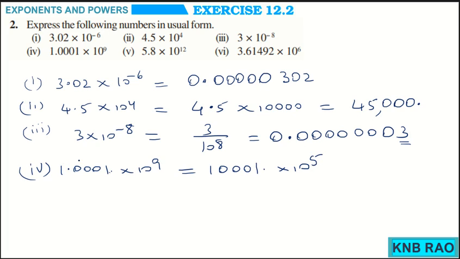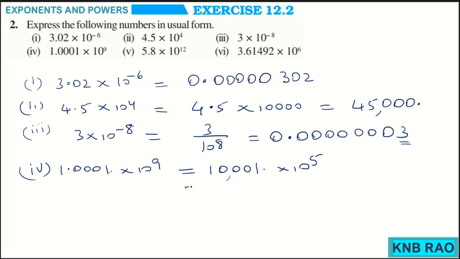Why? Because once, twice, thrice, 4 times I have shifted. So 10 power 9 is written as 10 power 4 into 10 power 5, where that 10 power 4 makes this number free of the decimal point. It will bring it to here. Maybe you can write it as 10,001 into 10 power 5.